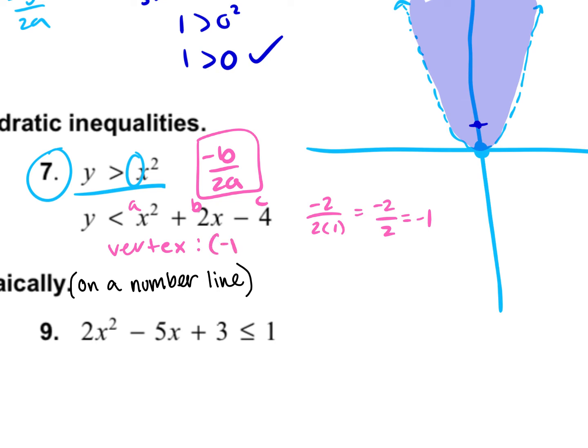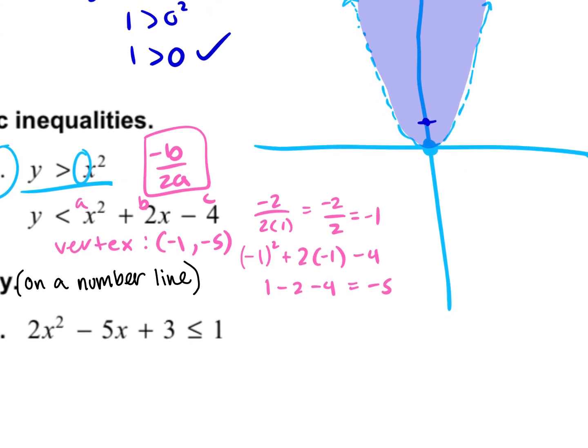How do I find the second number? Plug it in. So I have negative 1 squared plus 2 times negative 1 minus 4. So 1 minus 2 minus 4, which would be negative 5. So on my graph, I'm going to go to the left negative 1 and down 5.